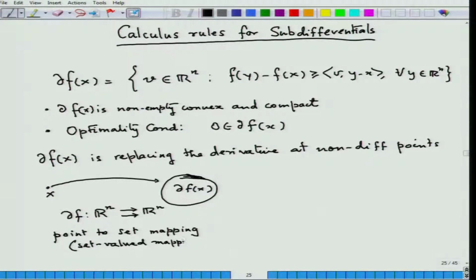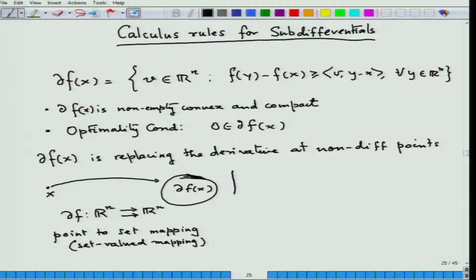Now, remember, when we are trying to build a calculus for this class, we have to really appreciate the fact that every time we are dealing with sets, we are no longer dealing with numbers or vectors. So, these are sets, and it is very, very important that we take utmost care when we are talking about sets. So, if I want a calculus rule, what sort of calculus rule can I think about?